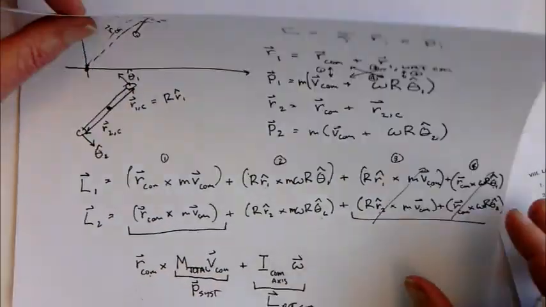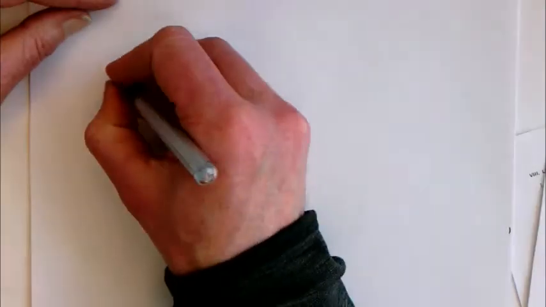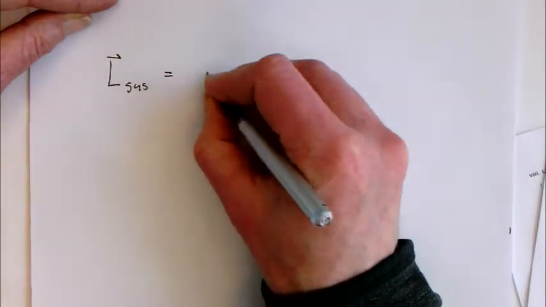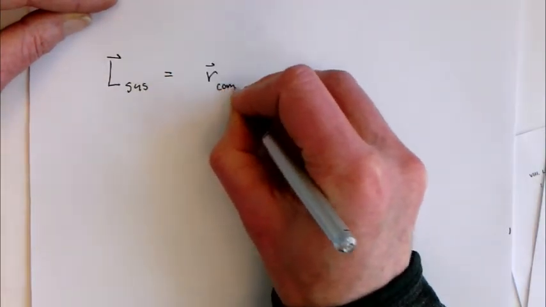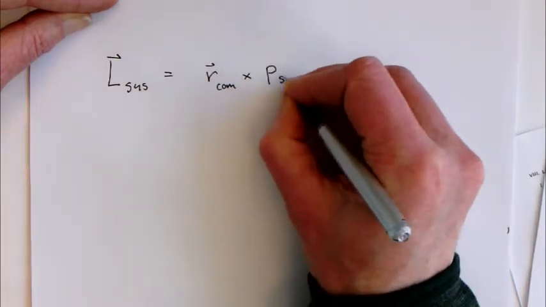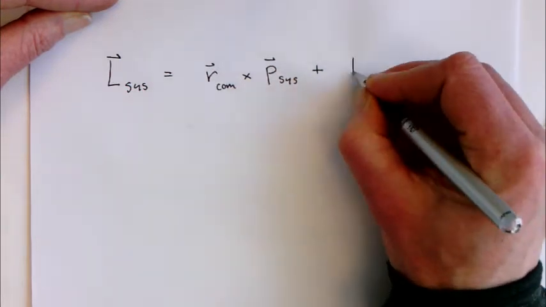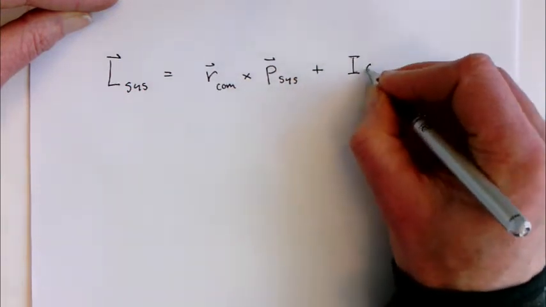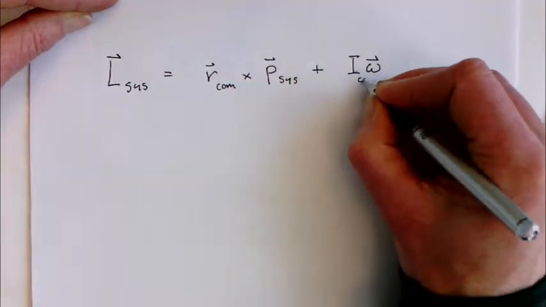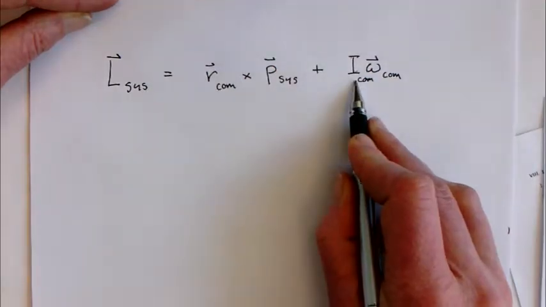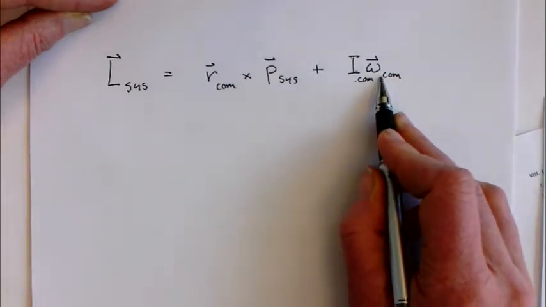In other words, what we end up getting for the angular momentum of the system is simply the position vector of the center of mass crossed with the linear momentum of the system, plus the moment of inertia of the system as measured from the axis that goes through the center of mass times the angular velocity of the system about the center of mass.